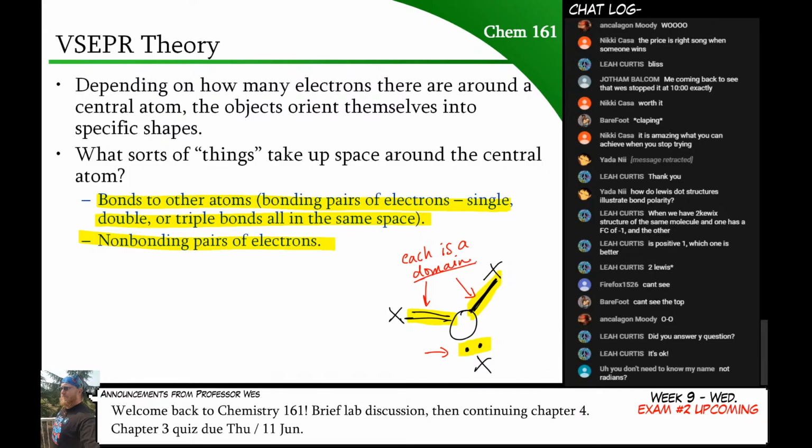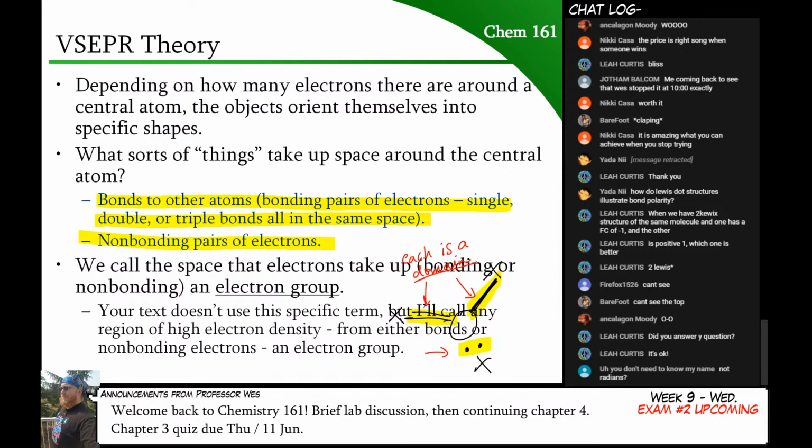This is a domain where electron density is found, either because there are electrons in a bond, again, the type of bond doesn't matter, single, double, or triple, or because electrons for a non-bonding pair reside there. So we're going to call these electron domains, or electron groups, depending on which textbook you're using. Some say domain, some say group. I like domain myself. But group, I think, is more universal to the text that we have.